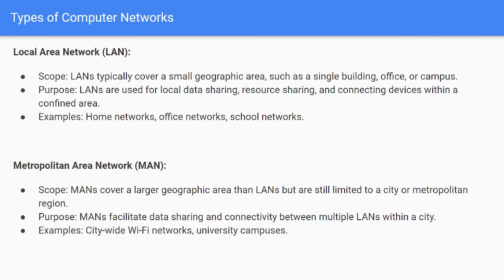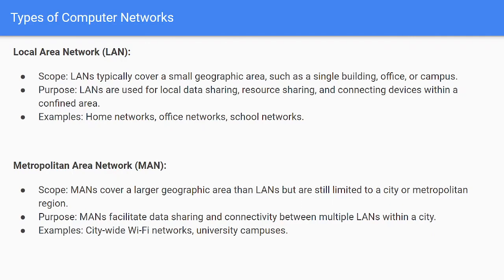So let's say, for example, everybody in a class has their laptops or systems connected together. That's an example of a LAN. Or in your house, your mom, your dad, your brothers, your sisters are all connected to your Wi-Fi. That is a LAN. You understand?